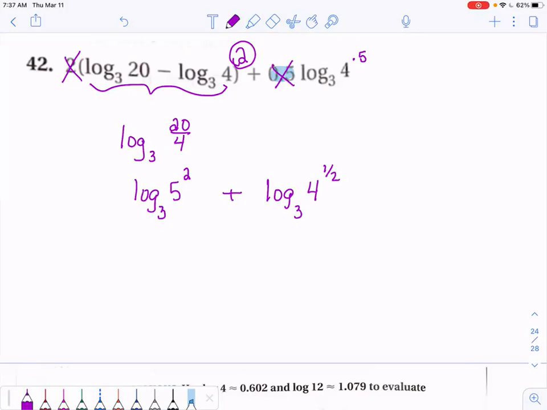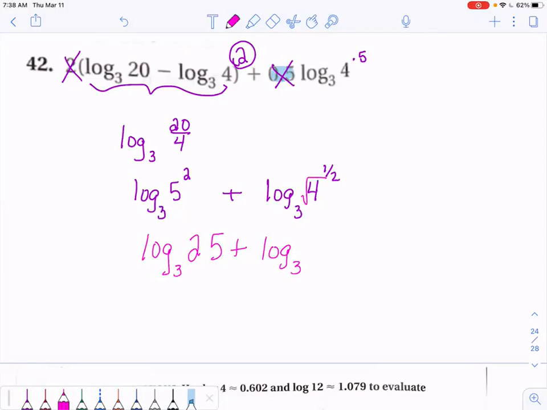So Grace, what do we do next? What is 4 to the 1/2? What's a 1/2 exponent really doing to the number? Square rooting it, yeah. So a 1/2 exponent is really a square root.